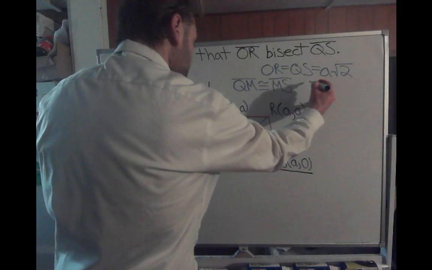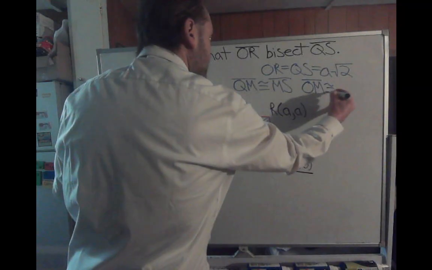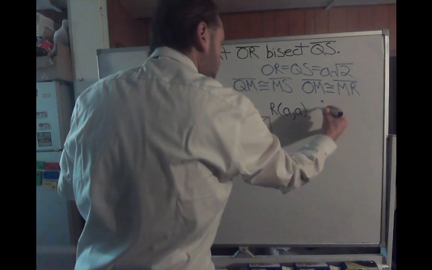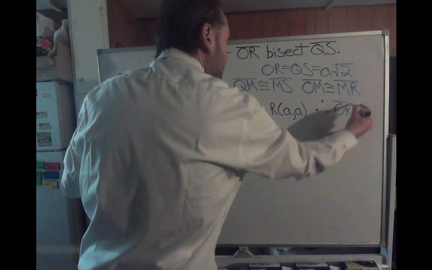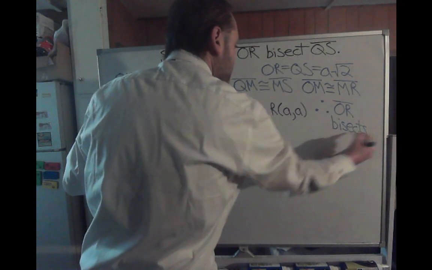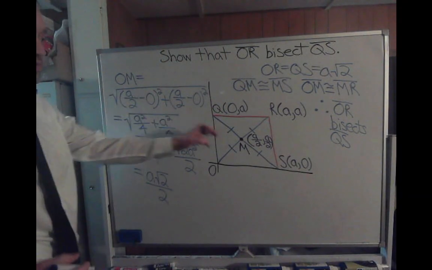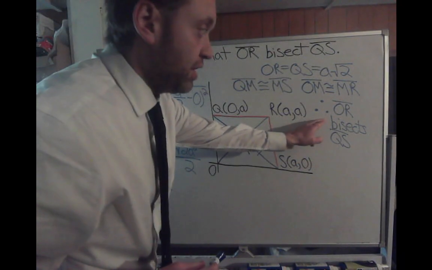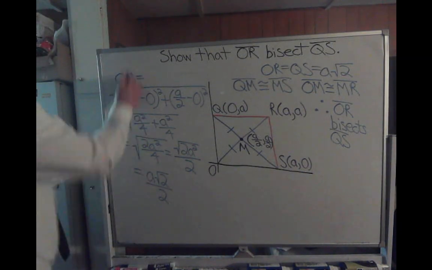So now we have shown that OM is congruent to MR. Therefore, OR bisects QS. Since we have shown that each half of the diagonals are congruent to each other, we can therefore prove that OR bisects QS.